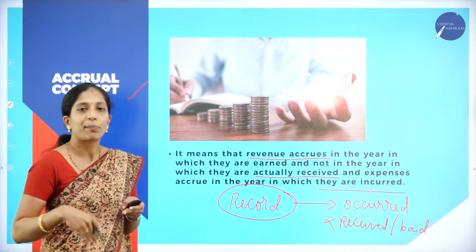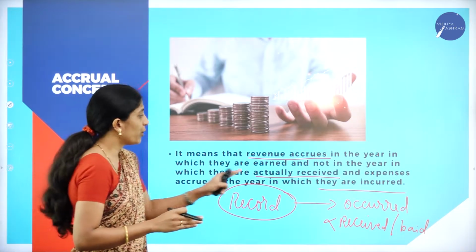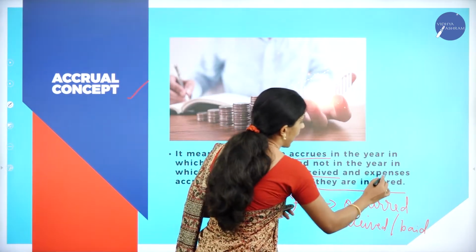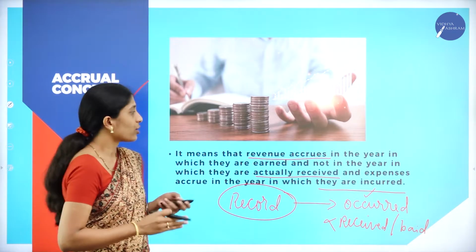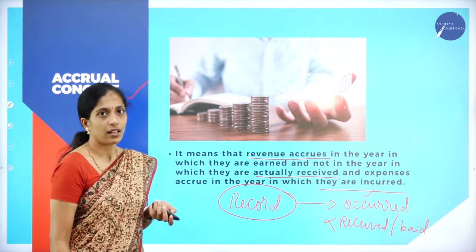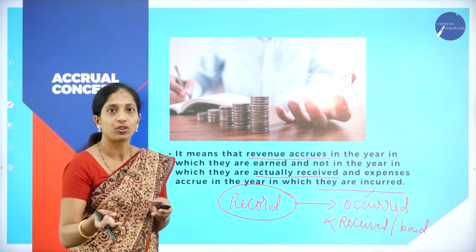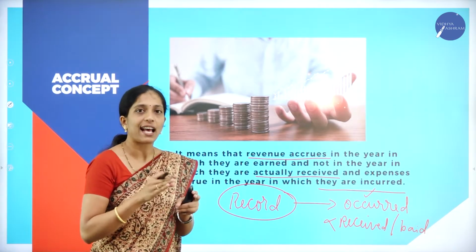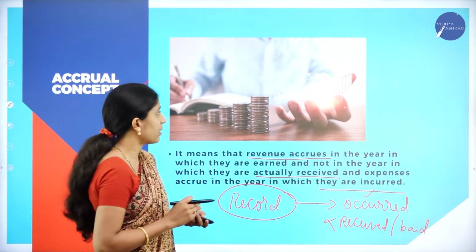The amount may be paid or received in the future, but we record the transaction when it is actually incurred. So the payment or receipt may be in the future, but the transaction, once it has taken place, is recorded under the accrual concept.